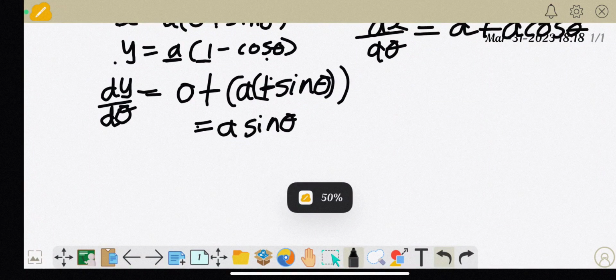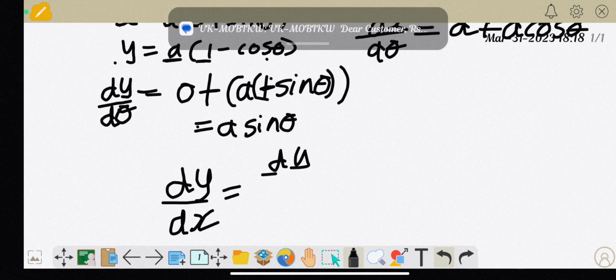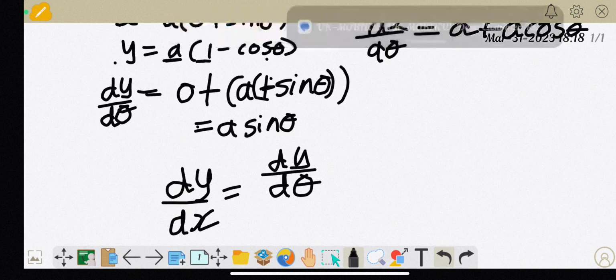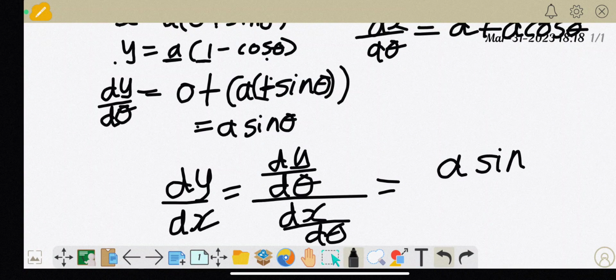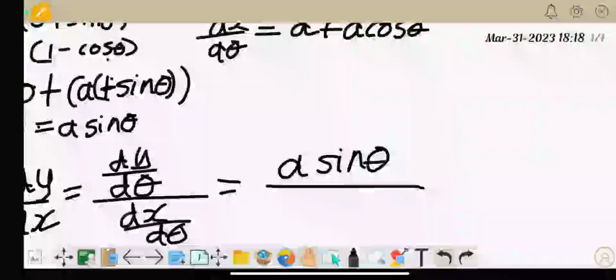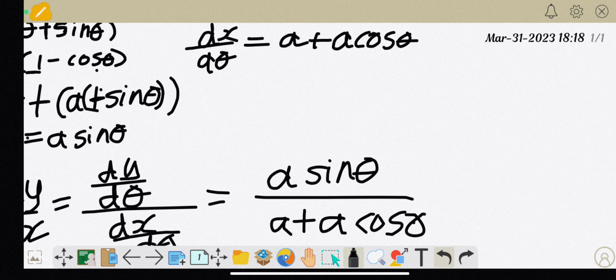So we have got dx by d theta and dy by d theta, correct? So dy by dx is equal to dy by d theta divided by dx by d theta, correct? dy by d theta is a sin theta. Then here it will be a plus a cos theta, correct?